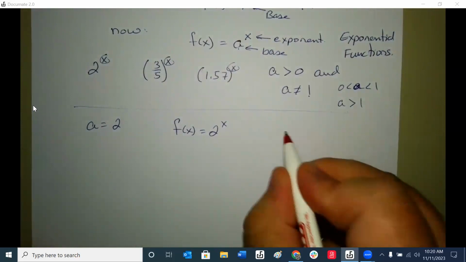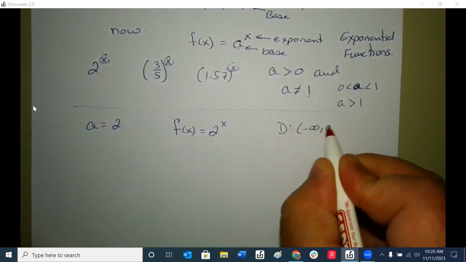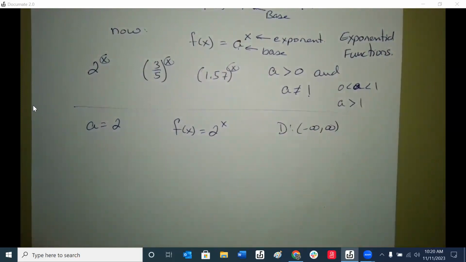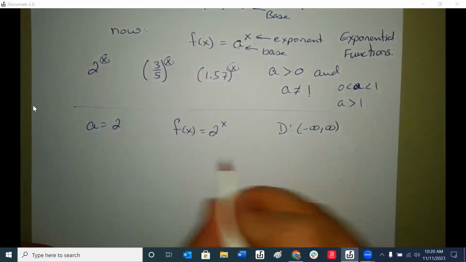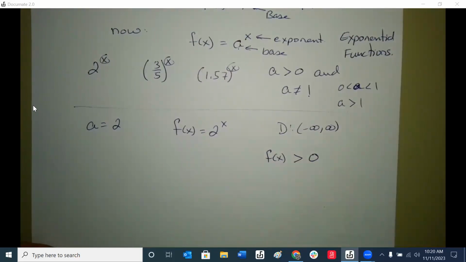X can be anything. The domain of x is negative infinity to positive infinity. What do we know about this function? One, f of x will always be greater than 0. It'll never be negative.